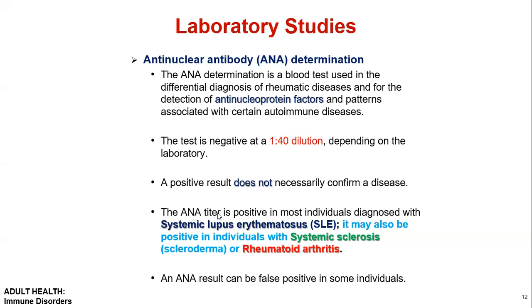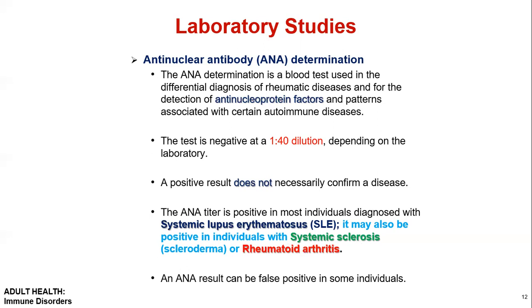And ANA titer is positive in most individuals diagnosed with SLE, systemic lupus erythematosus. And it may also be positive in individual with systemic sclerosis or scleroderma or rheumatoid arthritis.